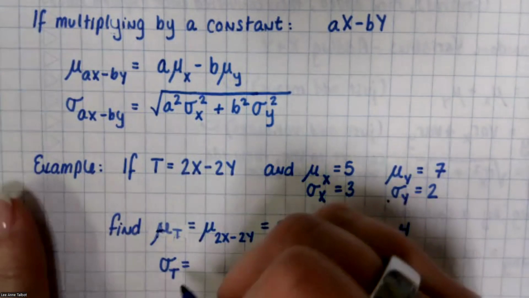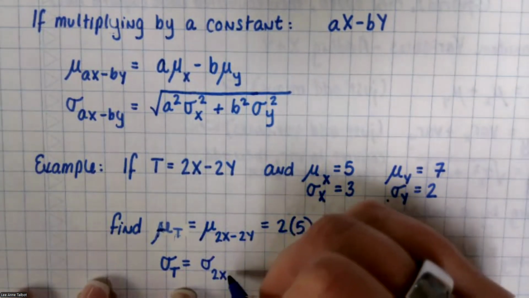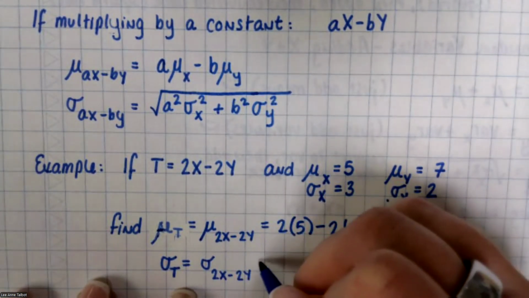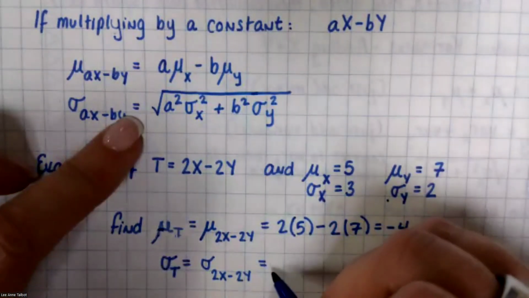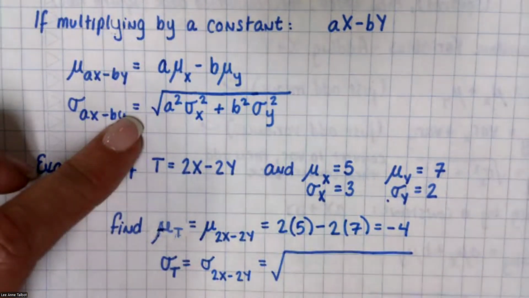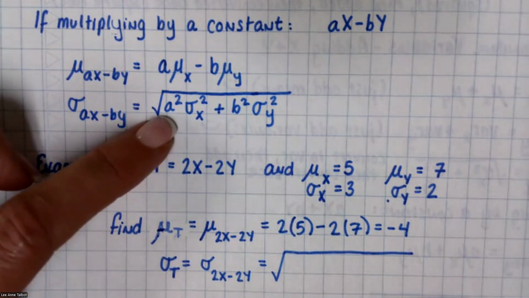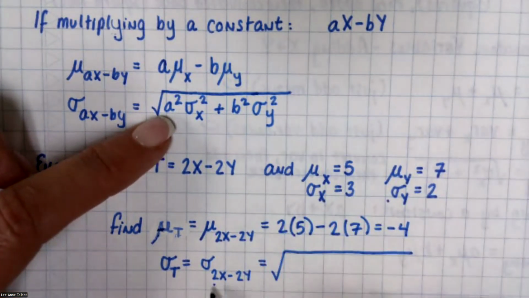Okay, now this one's going to be the standard deviation of 2x minus 2y. I'm going to look at this. Okay, let's go slow. A is this little baby 2 right here.